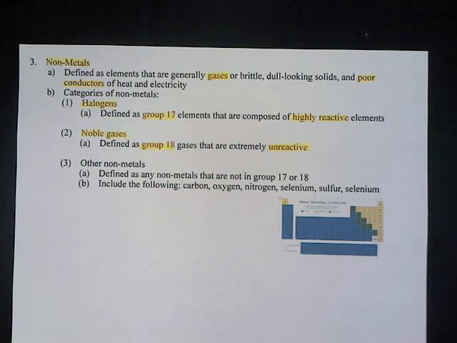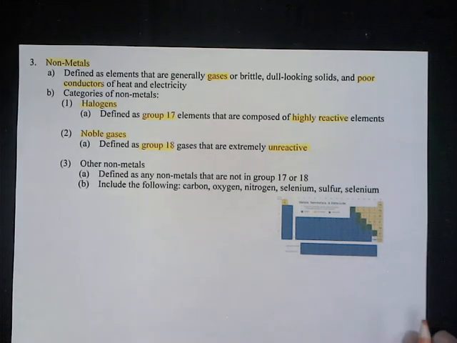So with this, I am going to color this in a different color. I'm going to use orange to identify my halogens. So I'm going to grab my periodic table.